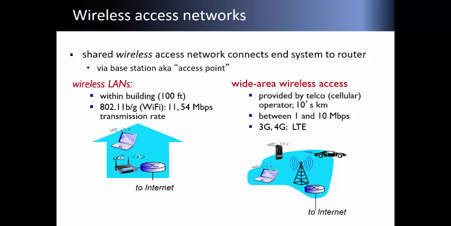So the widely used wireless access network is 802.11. 802.11 also has A through Z protocols available. A and C usually rely on 5.2 gigahertz, all the rest 2.4 gigahertz.